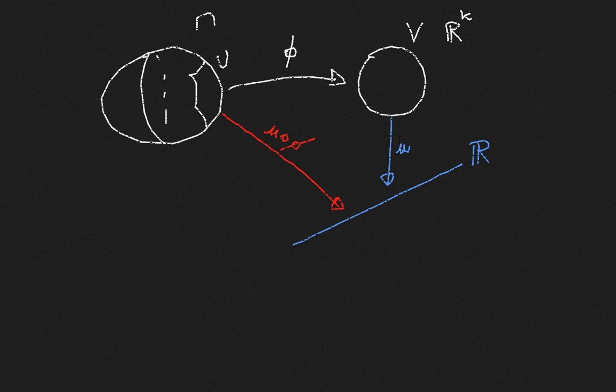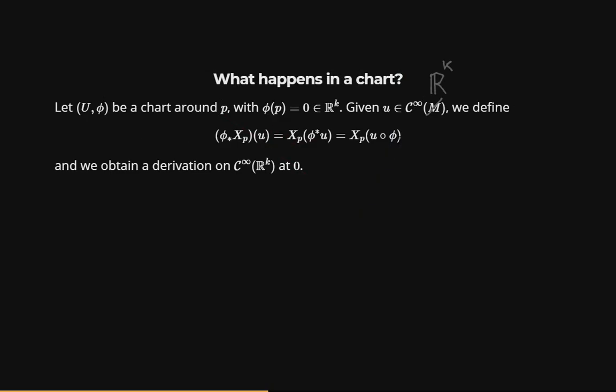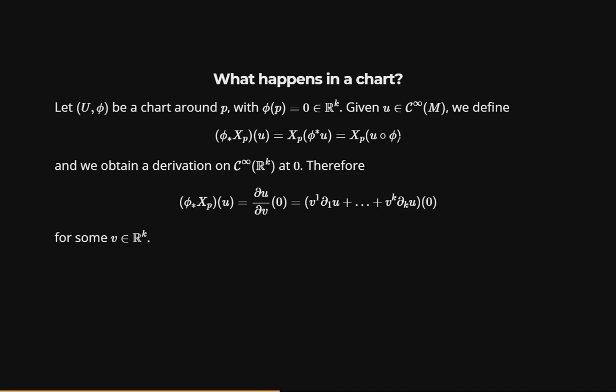And we can apply our x_p, which is a derivation at p here. So we have our p here, which goes to the origin. We apply our derivation to this function, so we get some linear functional on smooth maps in R^k. It's a derivation, but derivations in R^k are tangent vectors, which are directional derivatives.